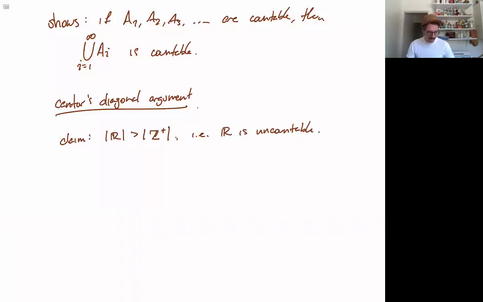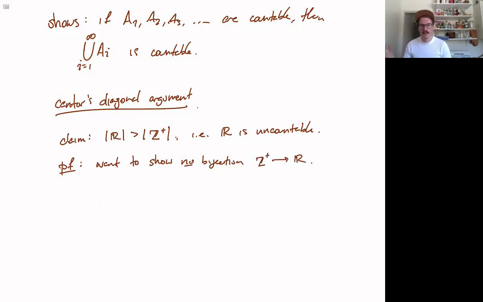How will we prove this? So what we want to show is that there is no bijection from the positive integers to the real numbers.